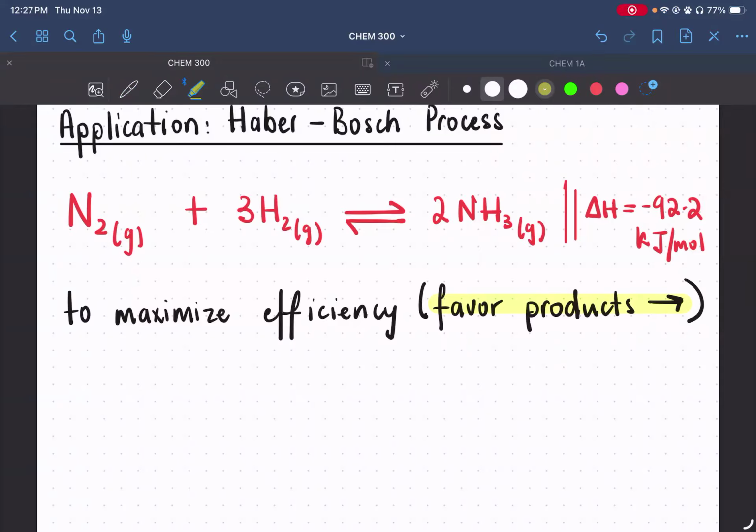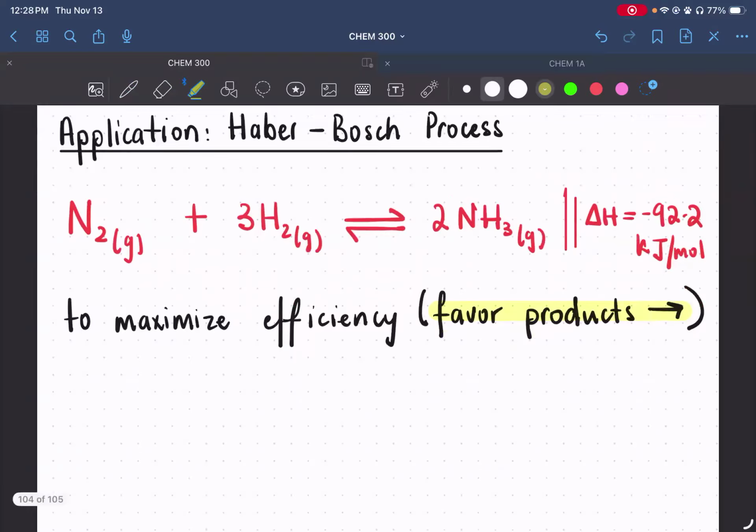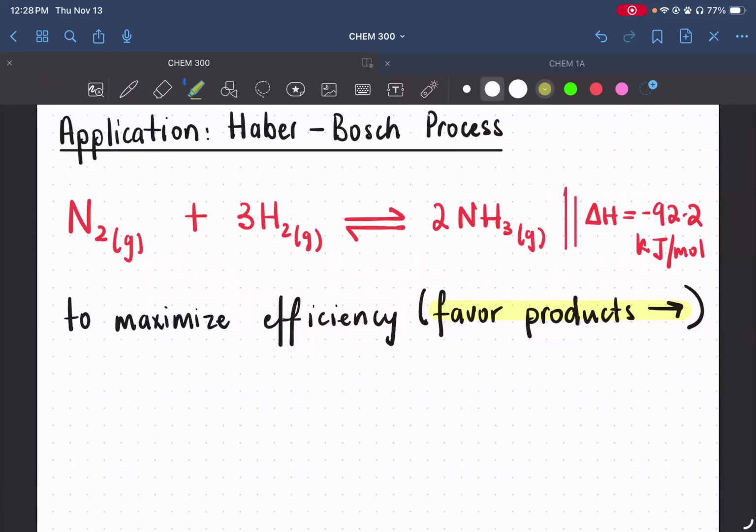You're a big time investor in this company, and they're telling you, okay, we're going to spend $30 million on the Haber-Bosch process. Your first thought is, is my money being put to good use? Are you making the most of my money? How do we do that? Well, I want a lot of ammonia. I'm investing in you to make ammonia. What can you tell me that you can do to maximize making ammonia, making NH3?